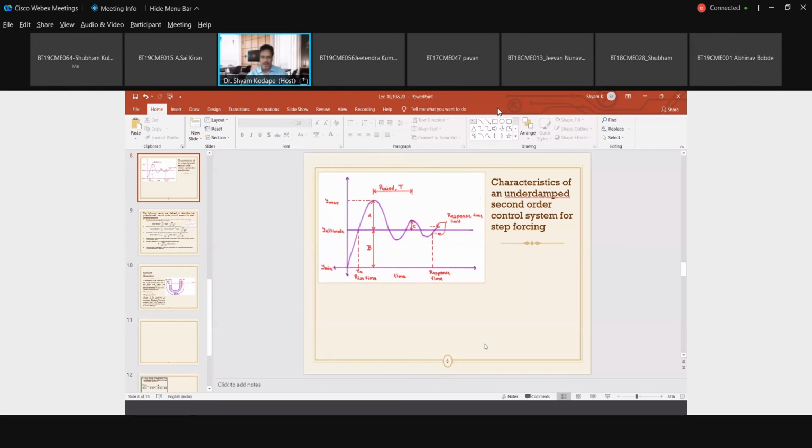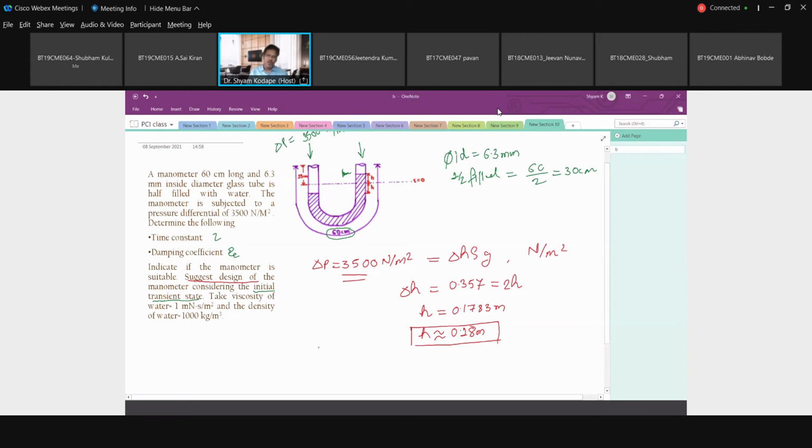If it will be an underdamped system, अगर underdamped रहता है तो, so what will we do? I will identify whether it is overdamped or underdamped or critically damped. For that purpose, okay, before moving on to that, what particular action can we take to avoid such type of spilling out?